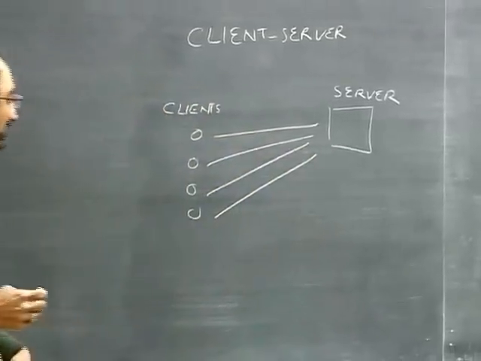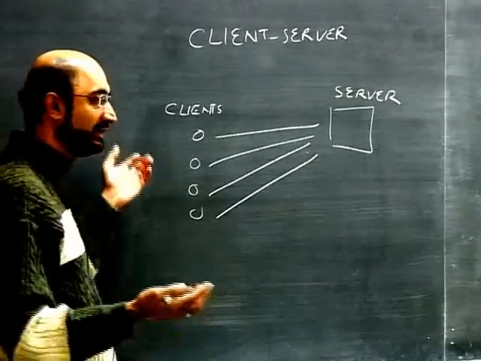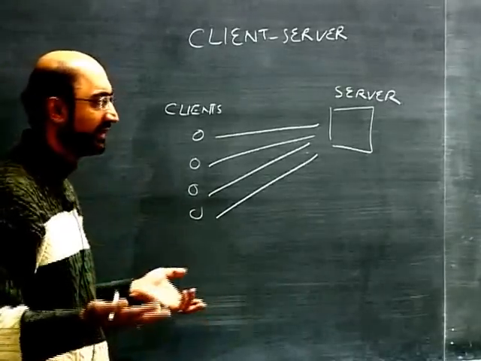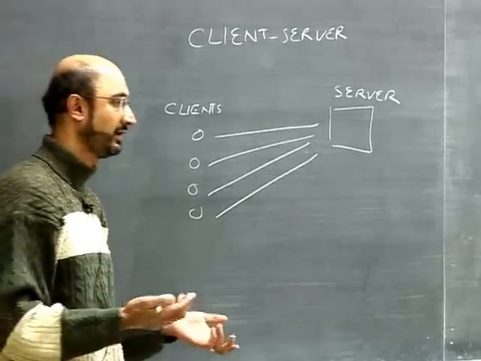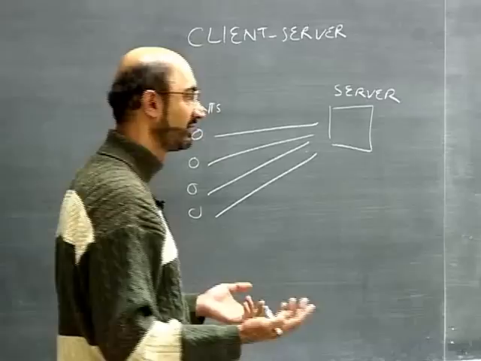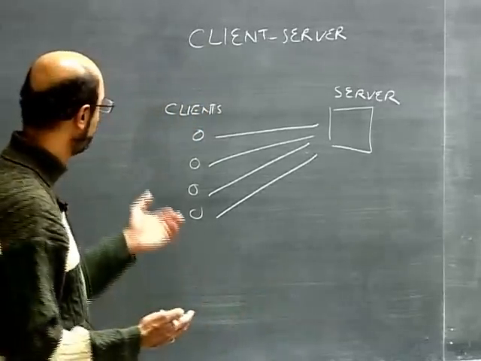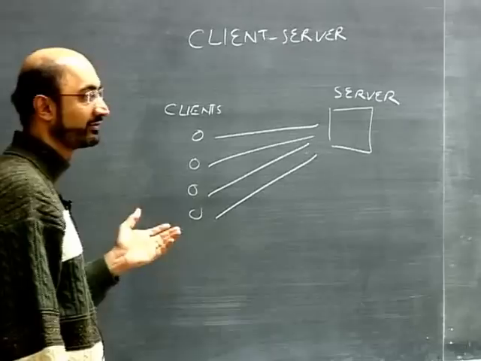The server needs to deal with all the clients at the same time, or in parallel, and each client is trying to do something different. So the server needs to deal with what's called parallelism. You have parallel or concurrent accesses by the clients on the server, so it needs to do something about it.